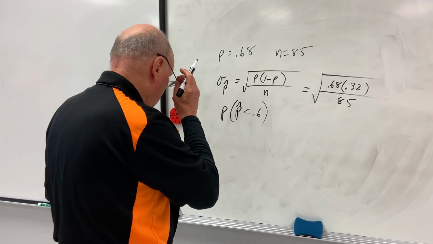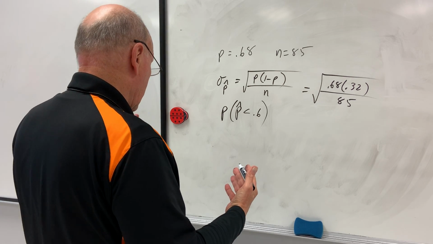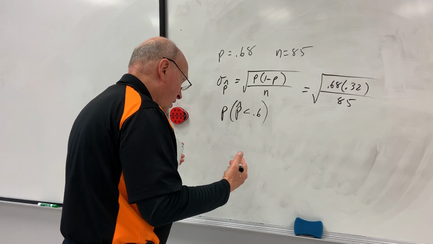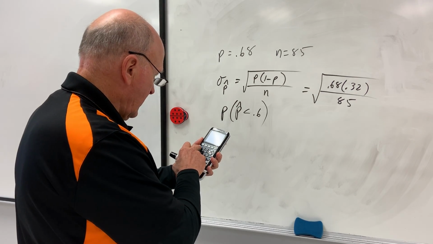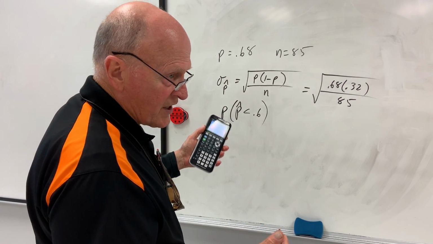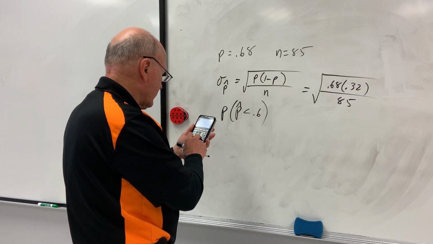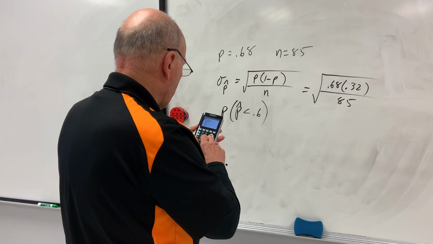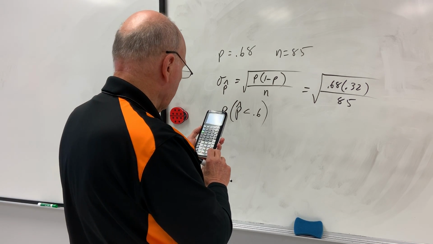When we do this, we're going to go to second distribution. Every once in a while, just 7.1 your calculator and you get to start all over, but we're okay. You don't have to. Second distribution, we're going down to normal CDF, and I'm going to hit enter.